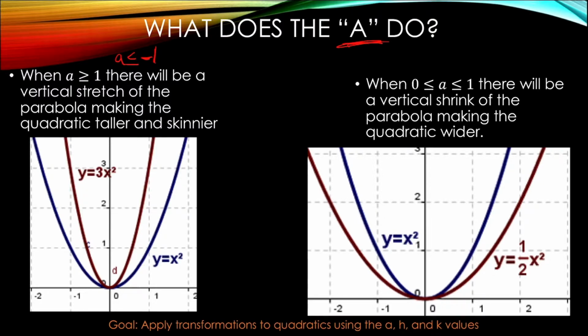When A is between 0 and 1, or we could also say between 0 and negative 1, so if it's just a fraction, it's going to make the quadratic wider. That's kind of what A does. A is going to make it either stretch or widen out. It's going to change the general shape of it.